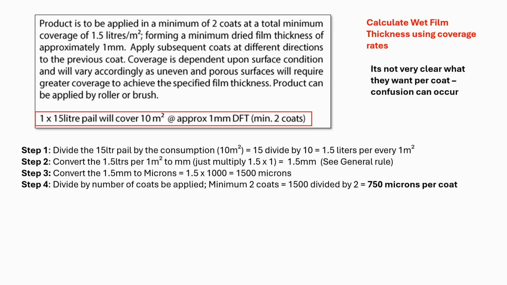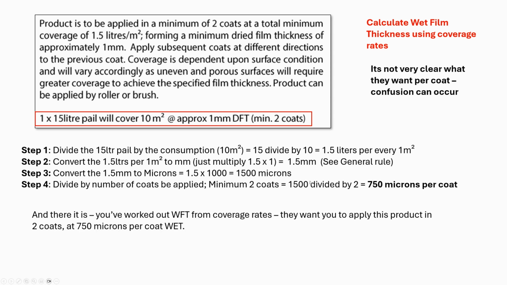All liquid systems are 2 coat systems, minimum. So we divide 1,500 by 2, and we get 750 microns per coat. And there it is. You've worked out the wet film thickness from the coverage rates. So this product wants you to apply their material at 750 microns wet per coat.